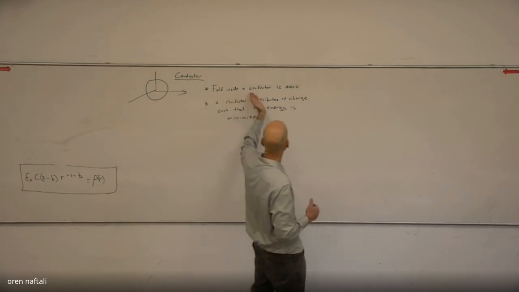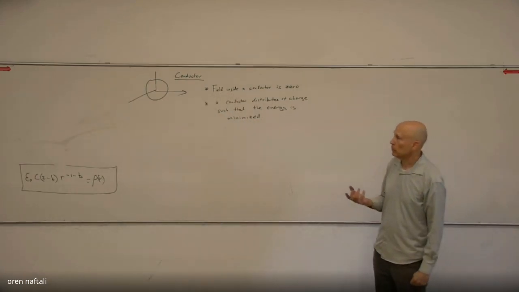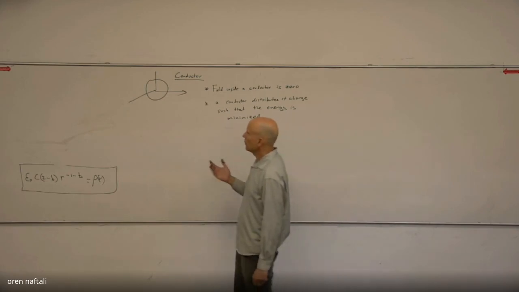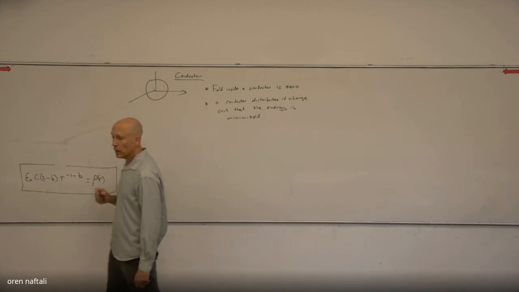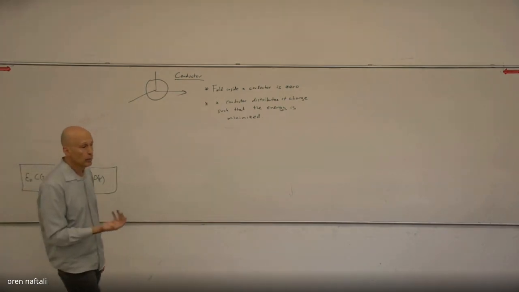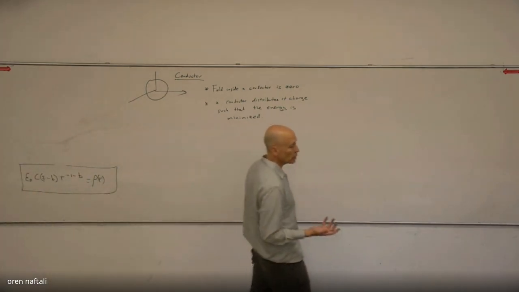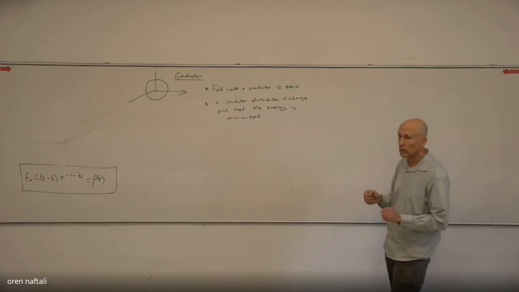So why is the field inside the conductor zero? There's a simple kind of reasoning. If you had a field inside the conductor and you had charges there, they would start moving. And then if they move, they are not in electrostatics. And first of all, after they move, they will dissipate. They will collide with many things.